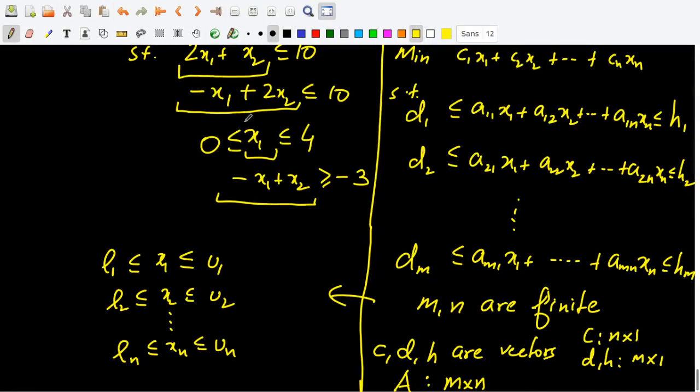So for example, if you just have minus x1 plus 2x2 less than or equal to 10, you can essentially write it as minus x1 plus 2x2 between 10 and minus infinity.